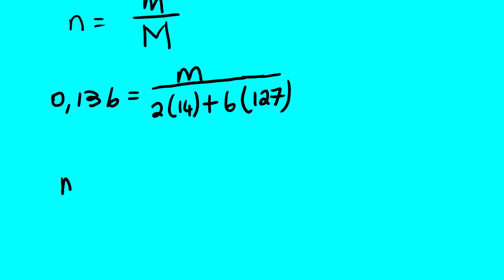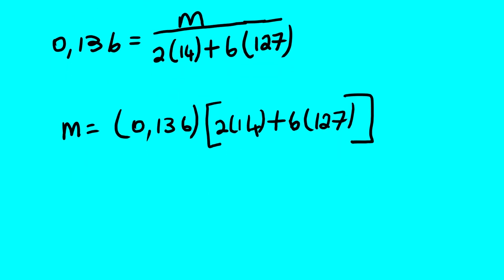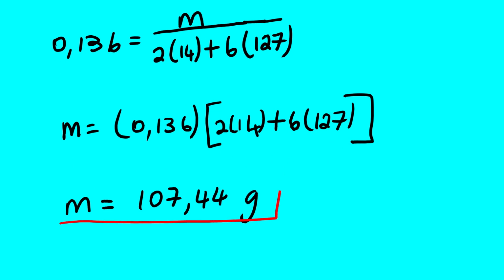Then from there we cross multiply. m equals 0.136 multiplied by this, and then our mass will be 107.44 grams. This is our final answer.